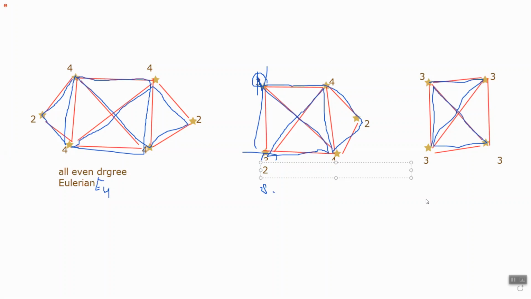Here, 2 vertices are odd and the others are even. Therefore, this is semi-Eulerian.